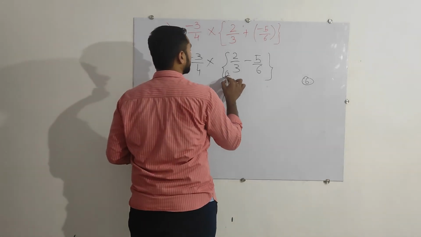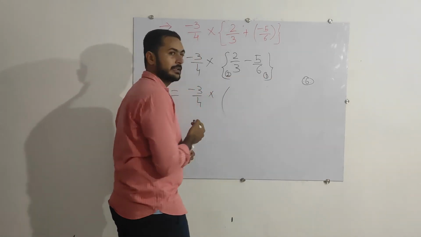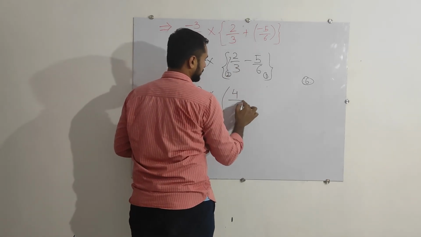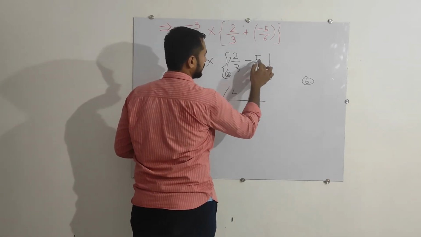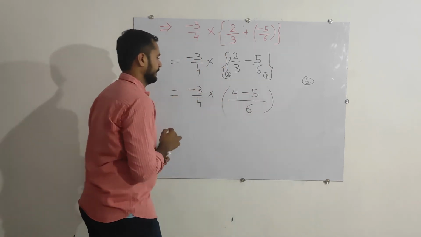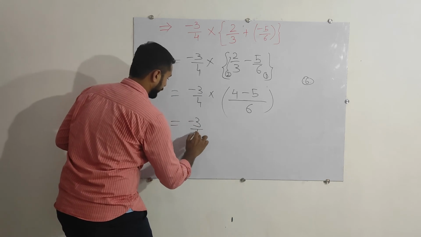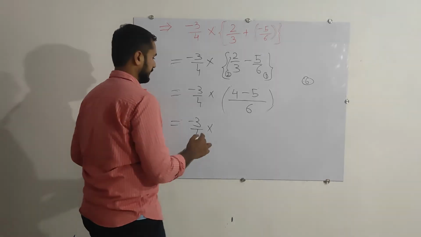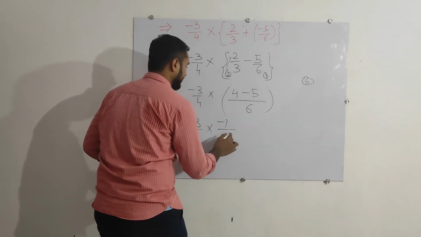So I will multiply with 2 over here, and here 6 ones are 6. So 2 2s are 4. Here 6 1s are 6, and the 5 stays, that is 5 over 6. Minus 3 by 4 multiplied by 4 minus 5, which is minus 1 over 6.